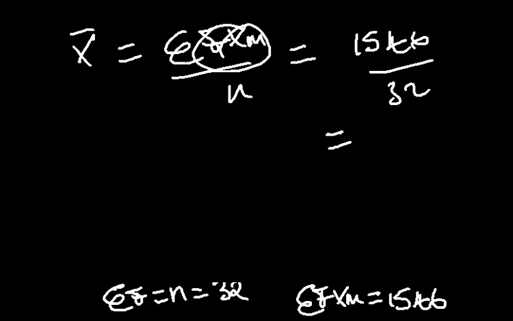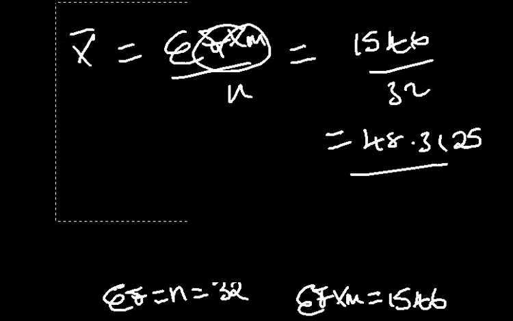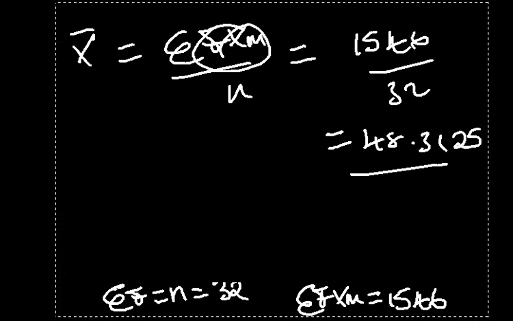We have it as 48.3125. So that's how we find the average for the grouped data in that case.